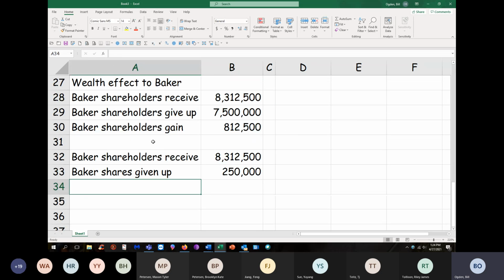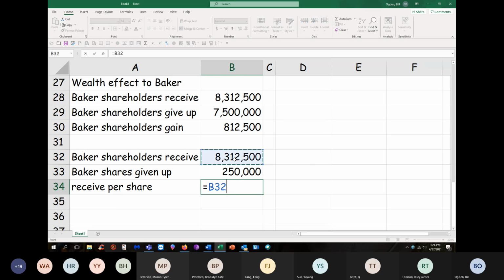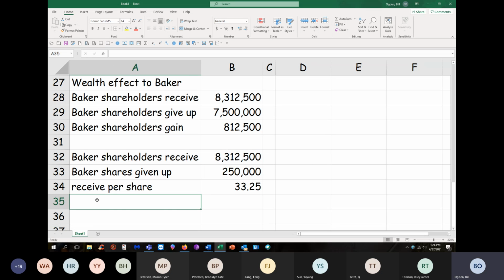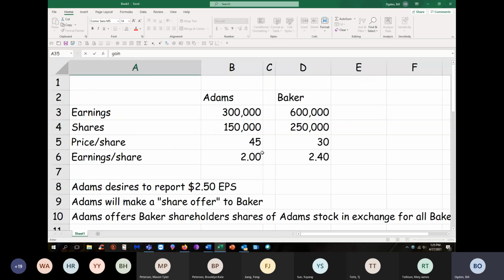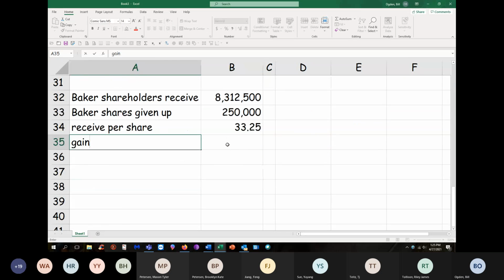So in effect, what did they receive per share? Well, they received $33.25 per share. So what's their gain? Well, they were selling at what? Look up here. They were selling for $30 a share.